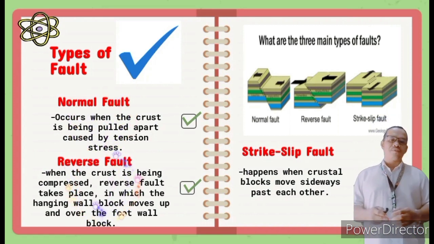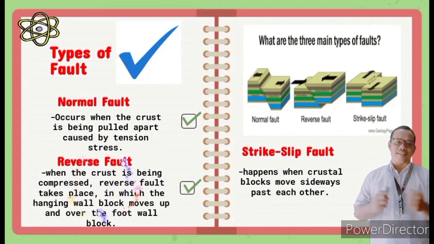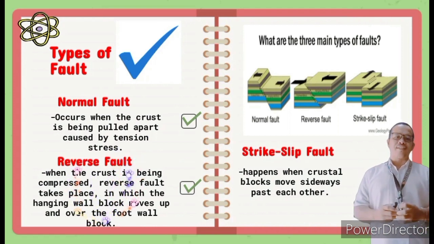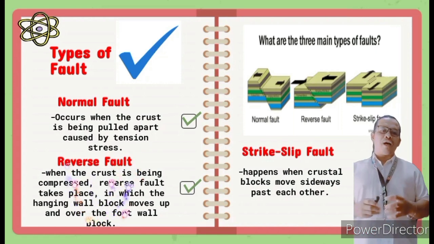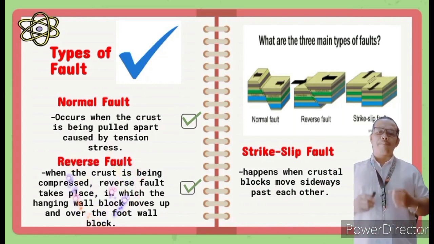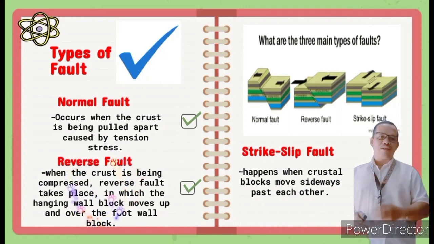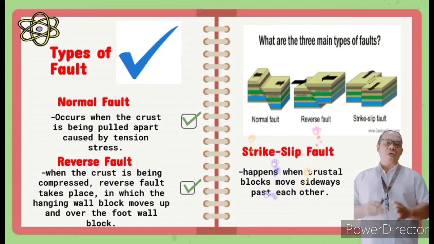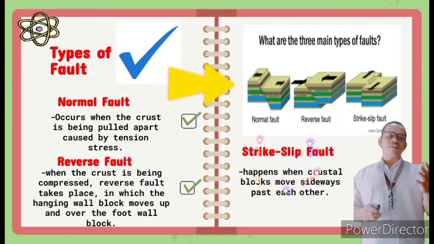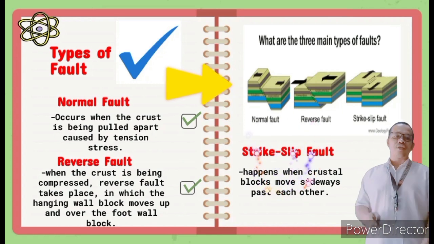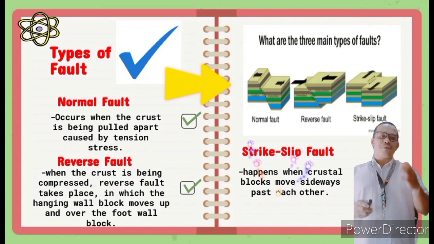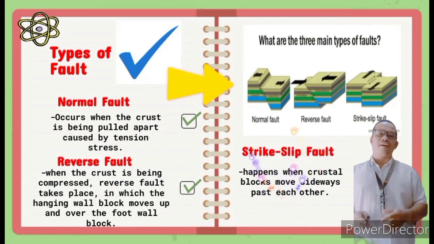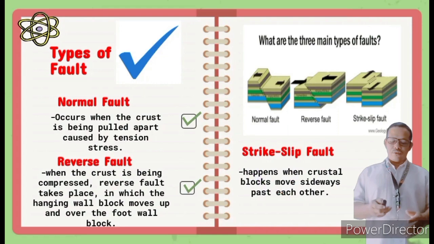While reverse fault is when the crust is being compressed, in which the hanging wall block moves up and over the footwall block. The last one, strike-slip fault, happens when crustal blocks move sideways past each other. Sideways. You can see the pictures on the right corner of your screen. Kindly examine them closely to understand better the three types of fault. Okay?